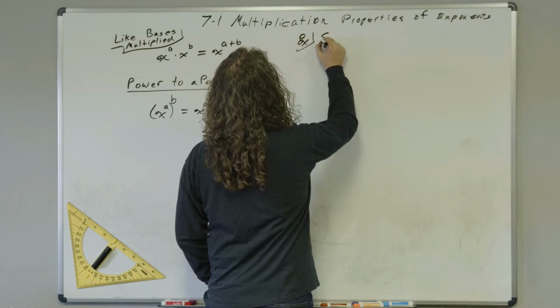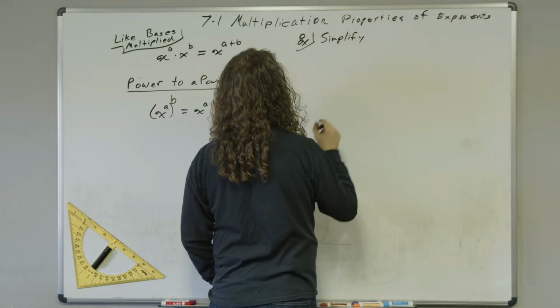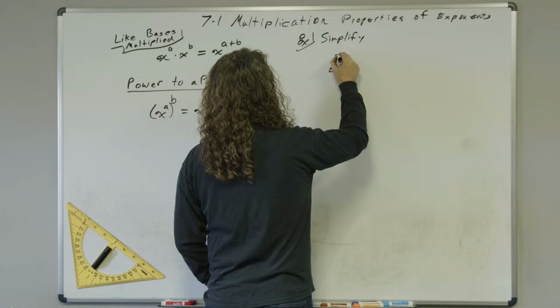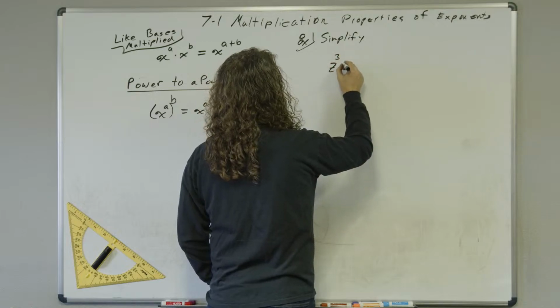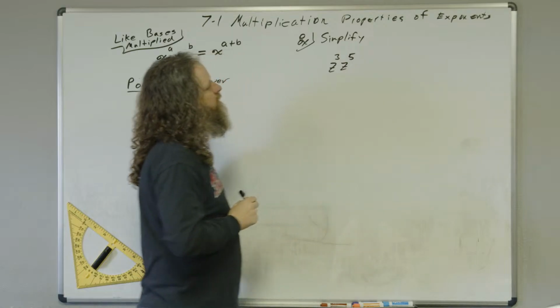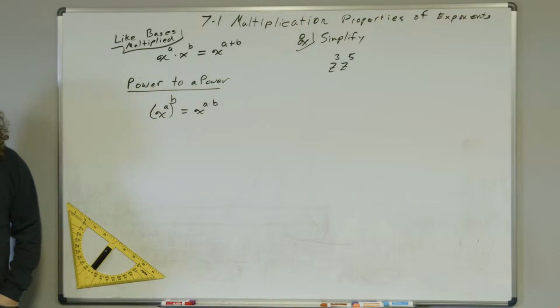Example. Simplify Z to the 3, Z to the 5th. Z cubed times Z to the 5th. So what would we do?